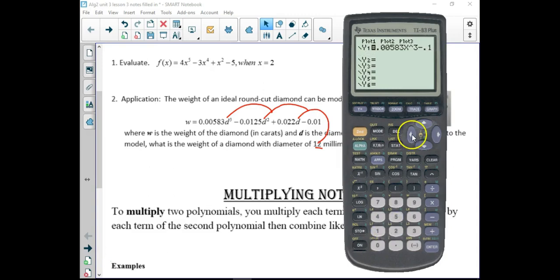Oops, this one. Still missing 1, 2, 5. And then x squared plus 0.002 2x minus 0.01.